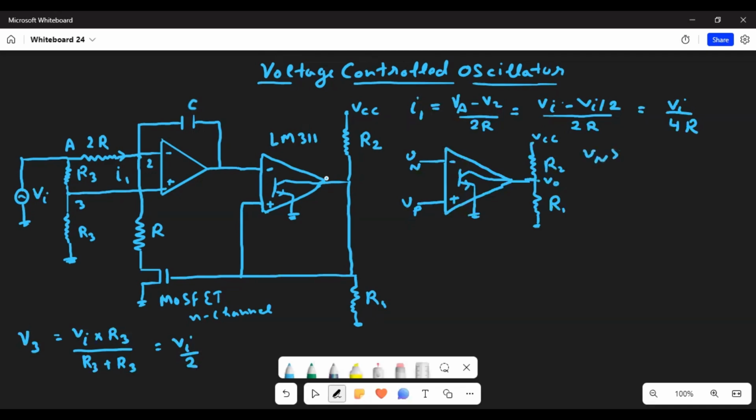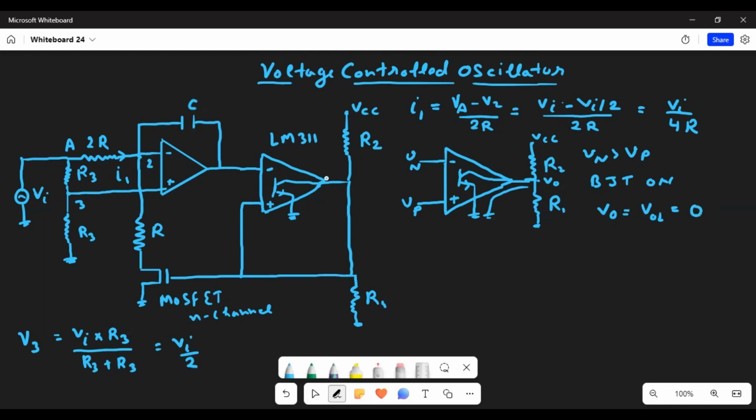For this op-amp, when Vn is greater than Vp, the voltage at the inverting terminal is greater than the voltage at the non-inverting terminal, then this will turn the BJT on. Now that the BJT is on, the output voltage is connected directly to the ground. So we get V output low, VOL, which is 0.